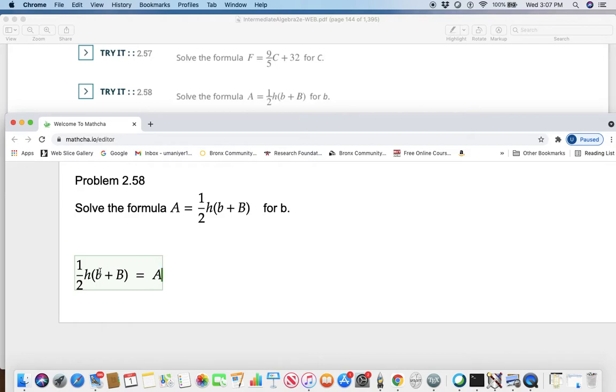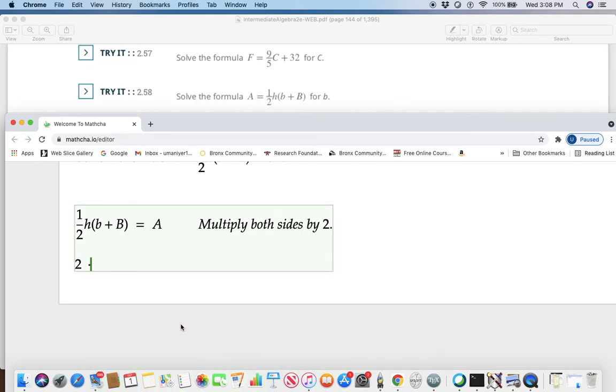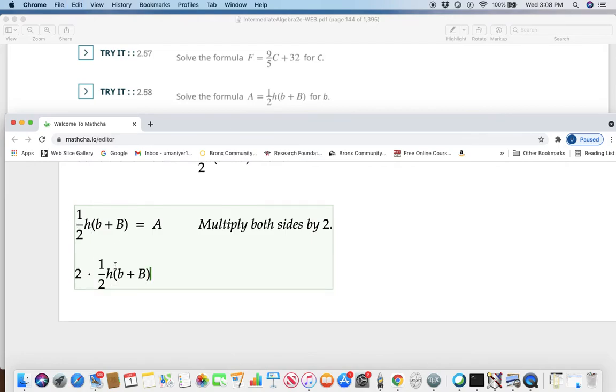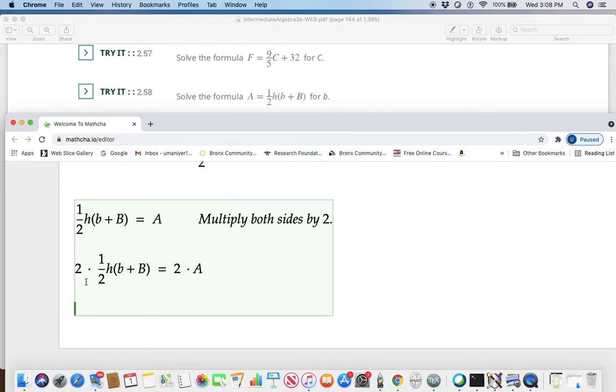So little b is inside, you see. I'll get rid of one thing at a time from outside. Multiply both sides by 2. 2 times half h times (b plus B) equals 2 times A. The whole point of multiplication is to cancel the denominator.